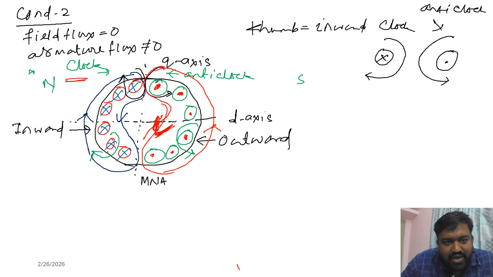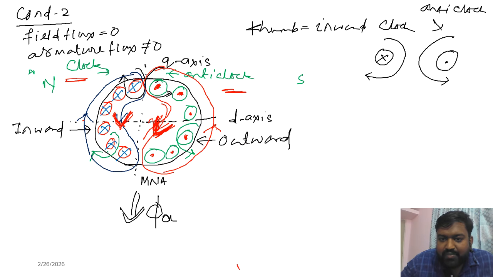One is clockwise and another anti-clockwise. In between, the two fluxes come in the same direction, though outside it is the opposite direction. Inside this armature they are in the same direction, so the resultant flux is downward. You can say the armature flux is downward.